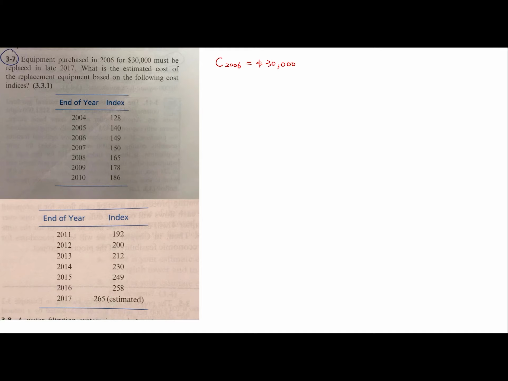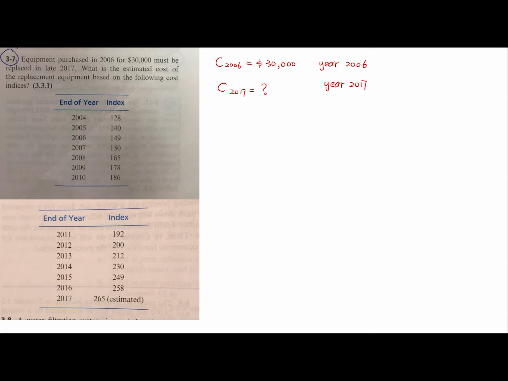But you have to replace this equipment with a new one in late 2017, so we're going to have a new time, 2017. What is the estimated cost of the replacement equipment? So you want to know the cost in year 2017 based on the following cost indices.